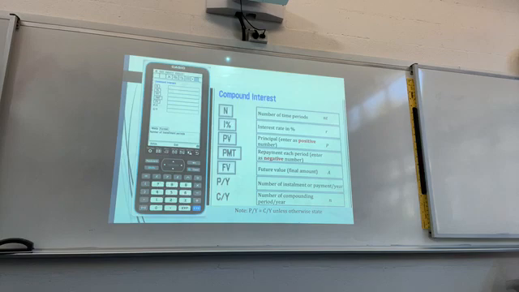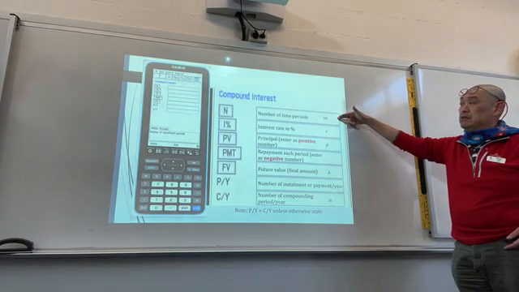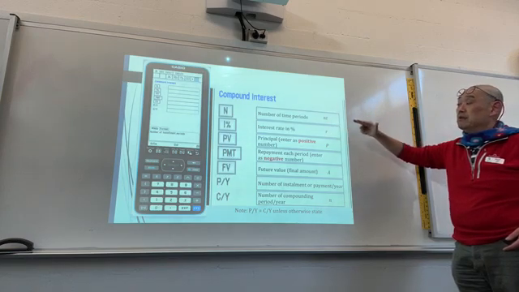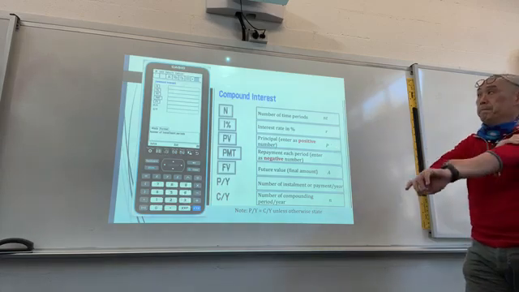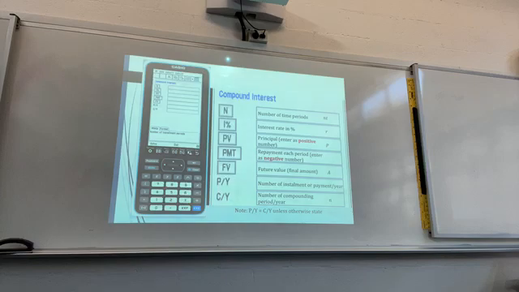Basically, this is the same as your investment, and it's N, the number of time periods. Interest rate in percent, always in percent. Principal: this time you enter it as a positive number rather than a negative number, because you are borrowing the money from the bank and the money is in your pocket. So think about it, it's plus, it's in your pocket already, and that's money. Therefore it's positive.